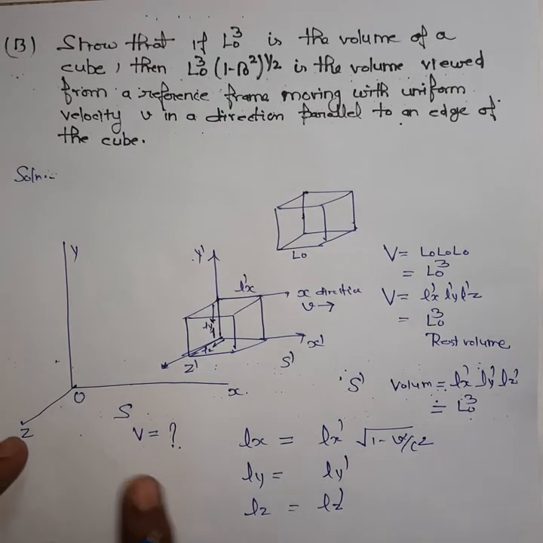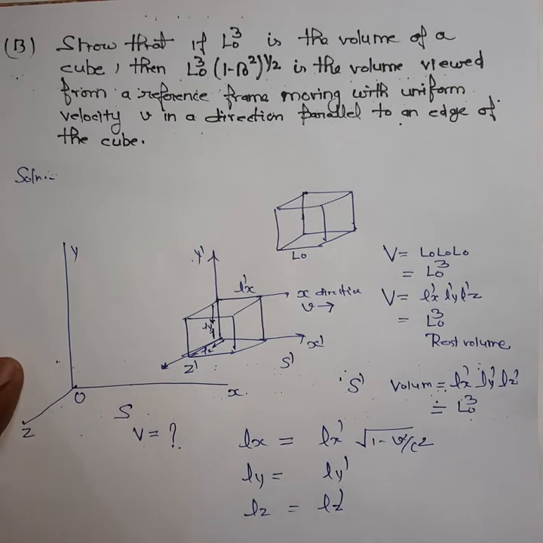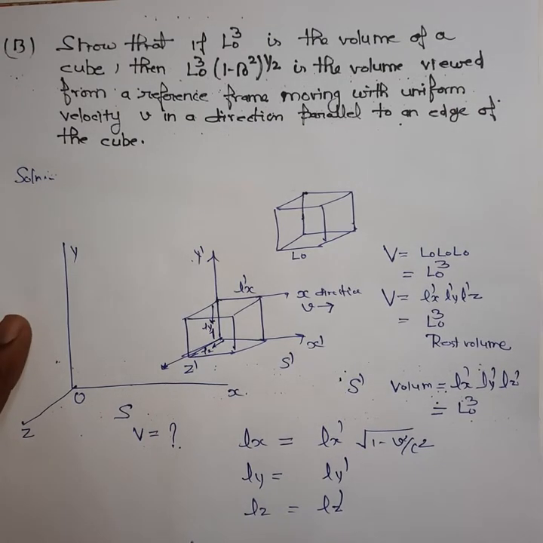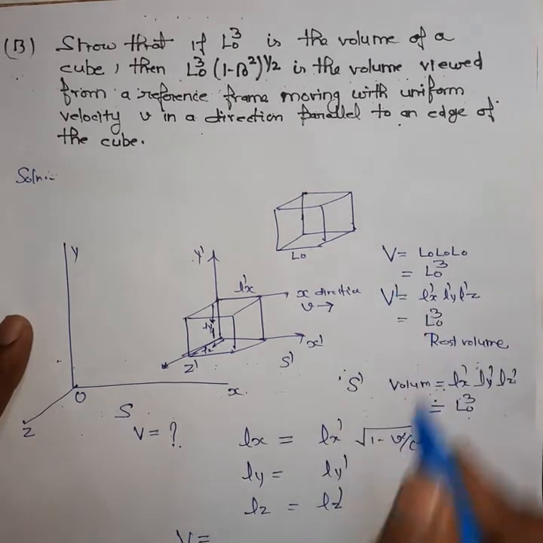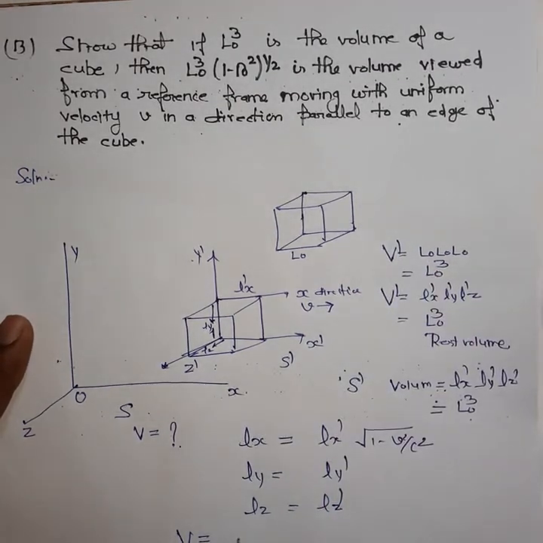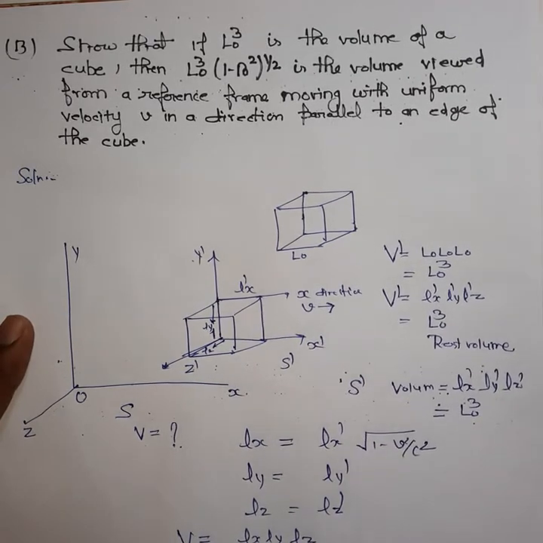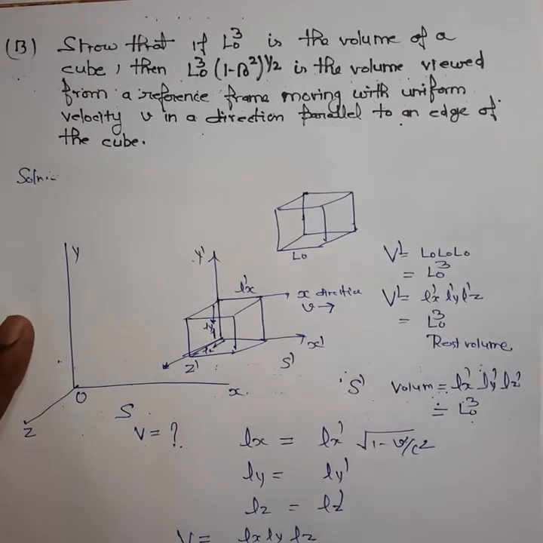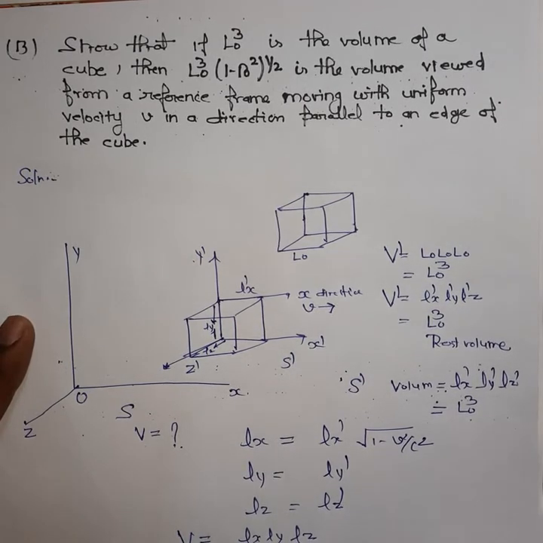So what will be the volume observed by observer O in S frame of reference? You can calculate its volume, suppose this is V, and the rest volume is V dash. So V will be equal to Lx, Ly and Lz. Lx is Lx dash multiplied by the square root of 1 minus v square by c square, multiplied by Ly dash multiplied by Lz dash.